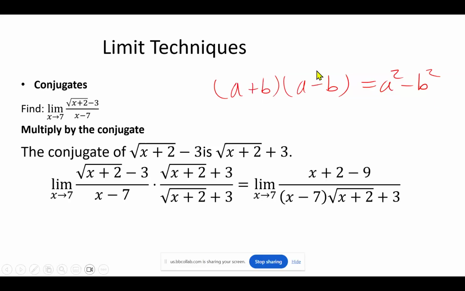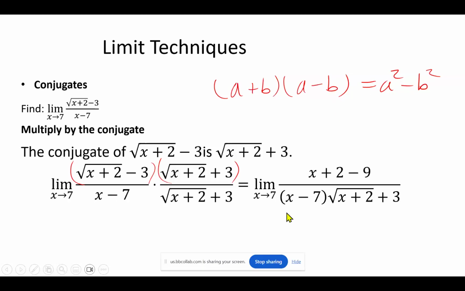But we're looking at it in reverse order, because I have this multiplication. So this would be my a minus b multiplied by a plus b. And so according to the formula, you just square a minus the square of b.